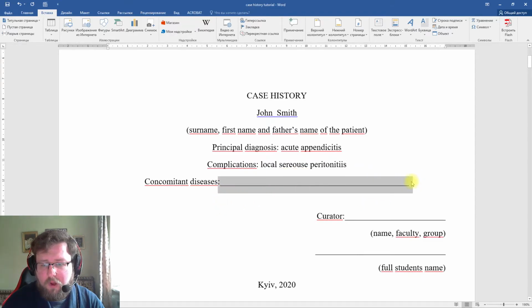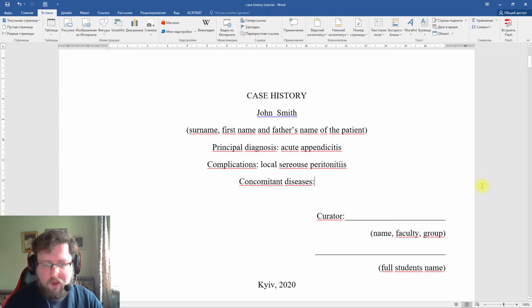Concomitant disease. Although a lot of patients who present with acute appendicitis are of young age, still all of those patients have in common chronic gastroduodenitis, because they are above the age of 18 and they are urban citizens.